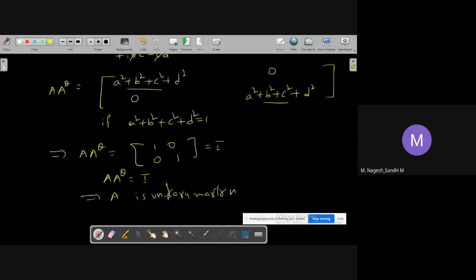So when A is a unitary matrix, what is the condition? When is it going to be unitary?